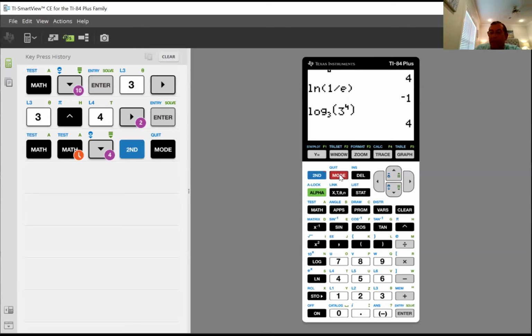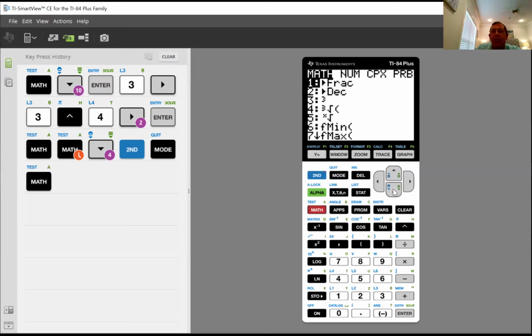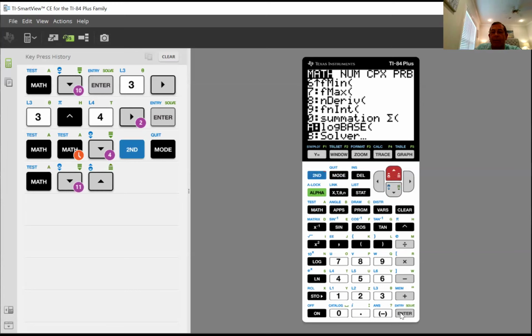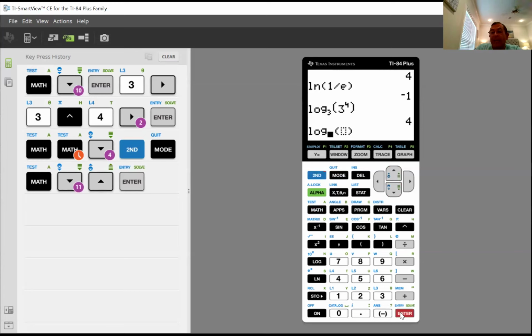So I'm going to quit this screen and show you how I would do number 11. I'm going to get my log base first by hitting math, arrowing down, and get my log base. My base was a 5, so I'm putting that in. Now I got to do the 7th root of 5. Since it's the 7th root, you're going to hit the 7 first. Now watch this.